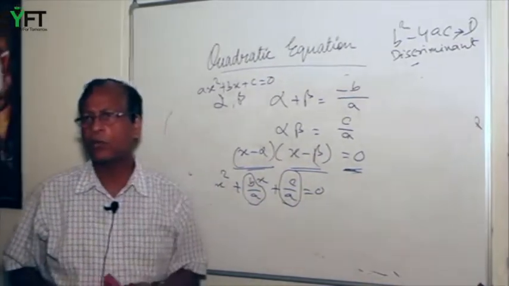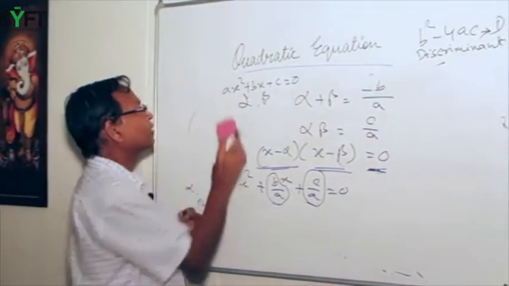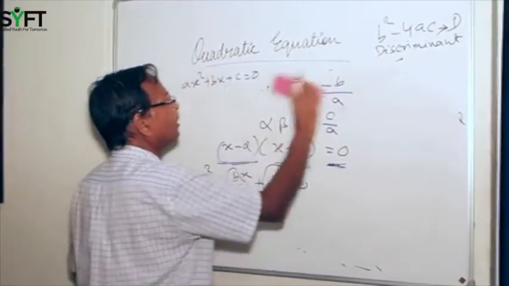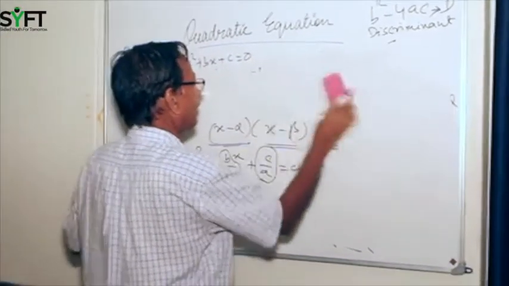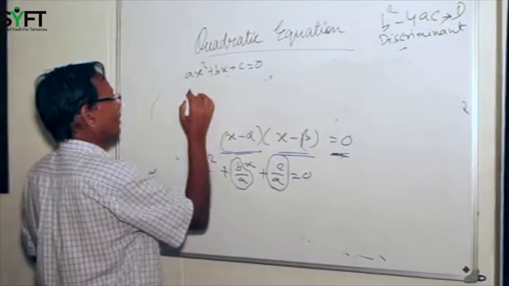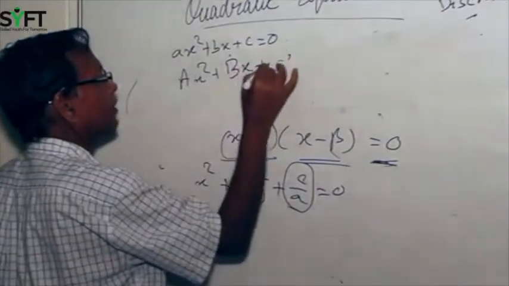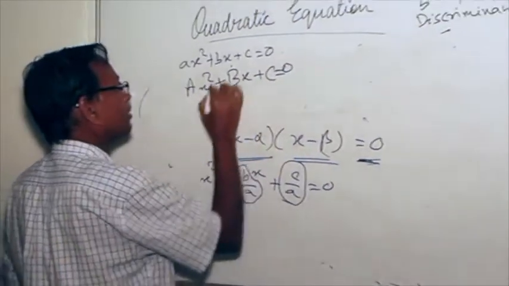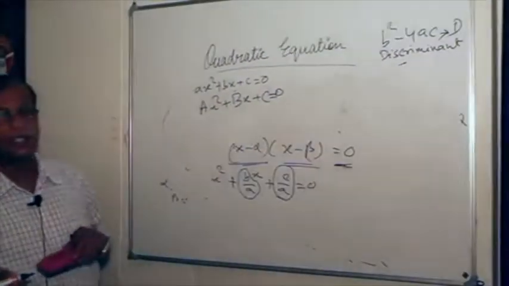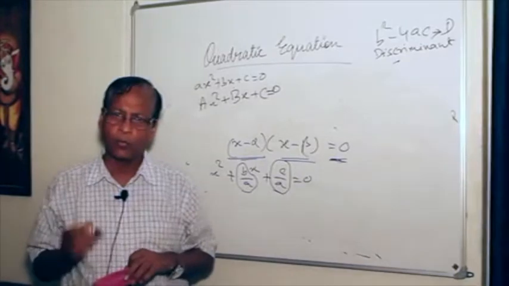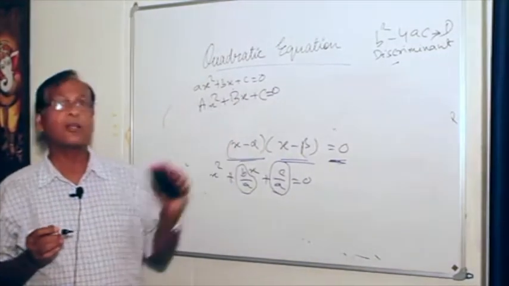Now if we compare two quadratic equations, suppose a1 x square plus b1 x plus c1 is equal to 0, and another quadratic equation, a2 x square plus b2 x plus c2 is equal to 0. We may find a condition that one root is equal, that is, they have one common root.